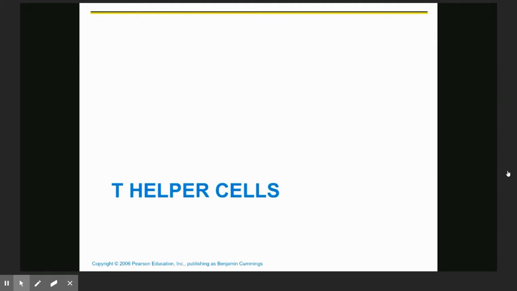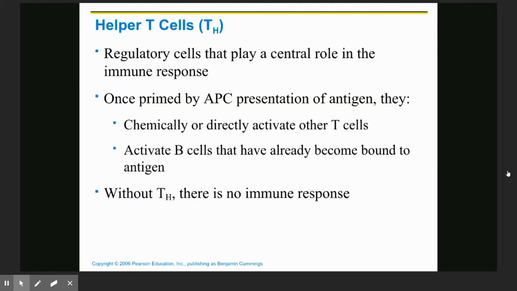But let's look at T helper cells first. So T helper cells, remember they're regulatory cells. And then remember they regulate this response by these cytokines. And so they release the cytokines and they can activate other cells. They do it by activating these other cells by chemicals.